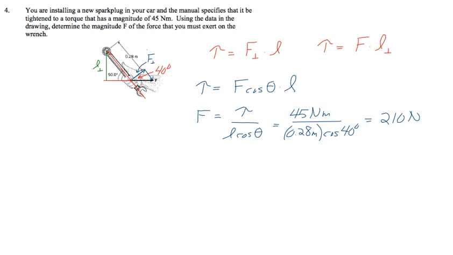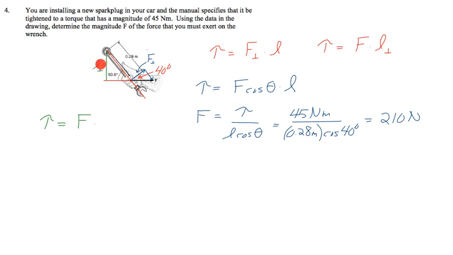So my formula, if I had done it this way, is going to be the full F, because the F is horizontal. So it would be F times, now I'm going to write L perpendicular in terms of L. So that's the hypotenuse of this triangle. That angle right there is 50 degrees. So what side of the triangle is that?